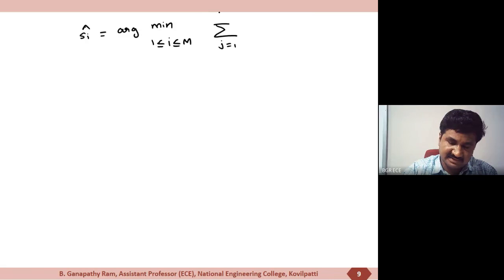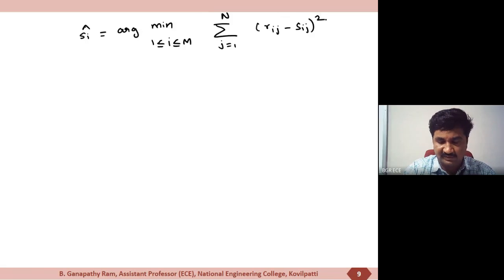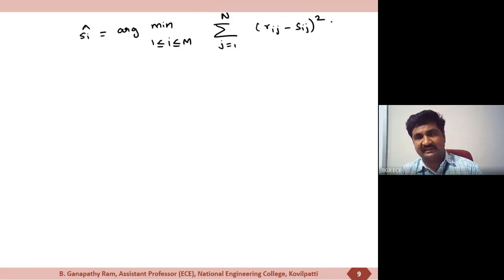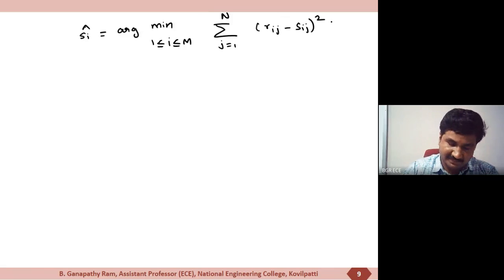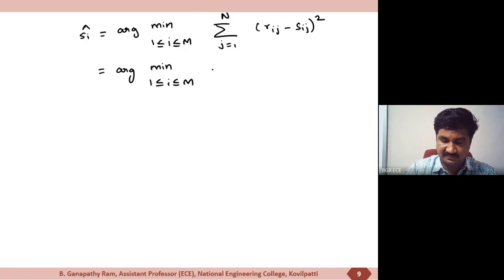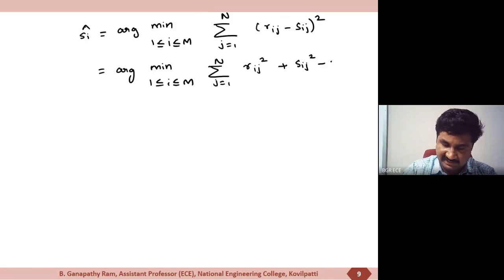from the term summation of j is equal to 1 to n of rij minus sij the whole square, which is in the form of a minus b the whole square. So it can be written as rij square plus sij square minus 2 rij sij.